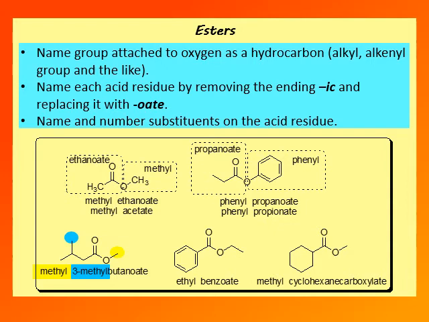Instead, we have to list it as methyl, and then 3-methyl butanoate because this is derivative of butanoic acid. Next example has ethyl group and residue of benzoic acid, so ethyl benzoate. Finally, if ester is complex, then instead of suffix -oate, we use suffix carboxylate. So this is methyl cyclohexane carboxylate.